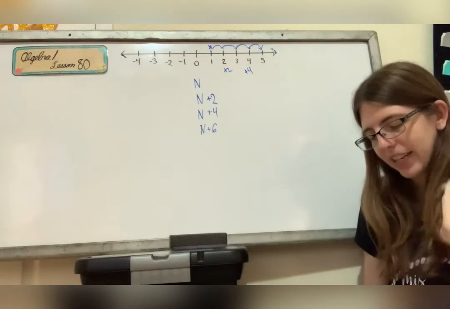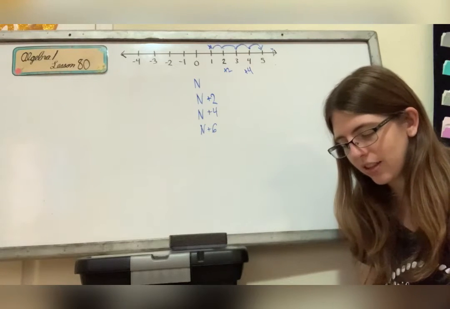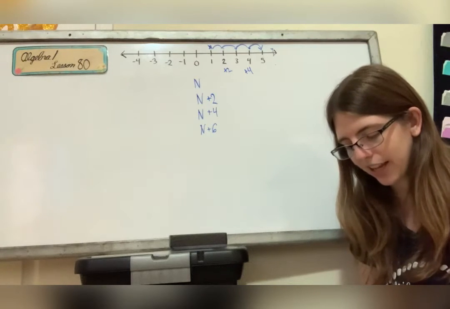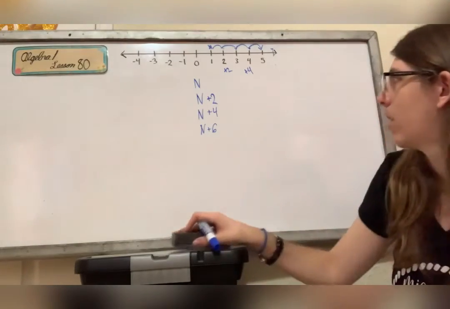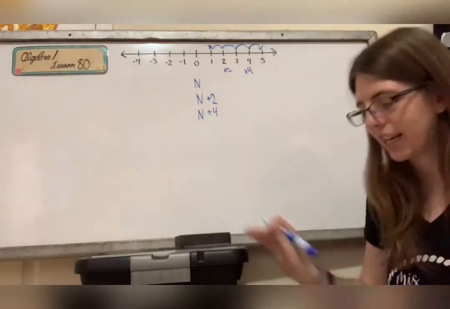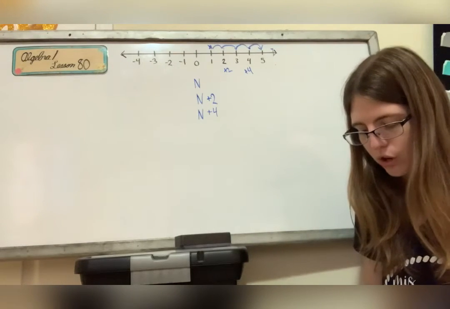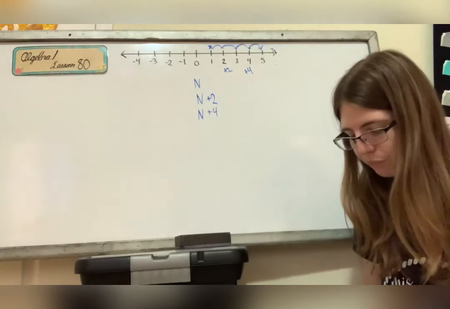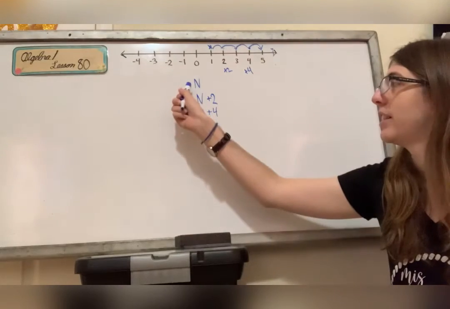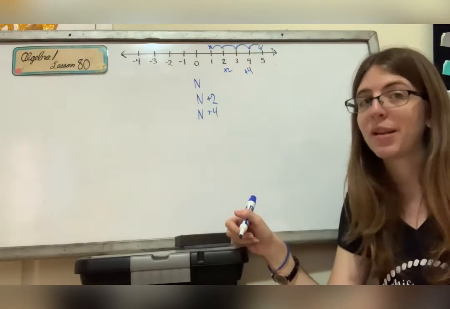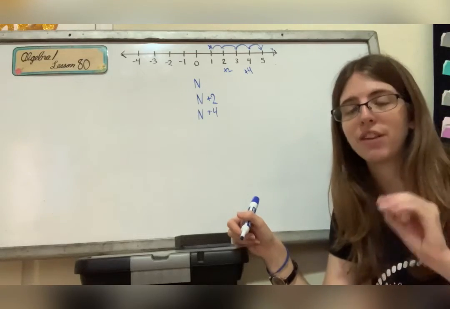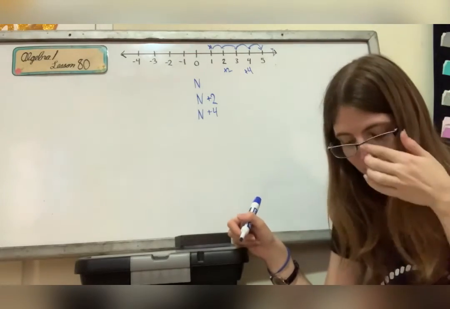Find 3 consecutive even integers such that the sum of the first and second equals the sum of the third and negative 10. So I'm looking for 3 consecutive even integers. So the first thing that I do is I realize it's going to be n plus 2, and n plus 4, not n plus 1, and n plus 2, because I'm looking for even, so I'm skipping over the odd numbers.